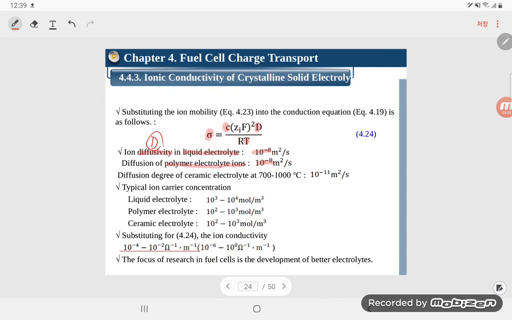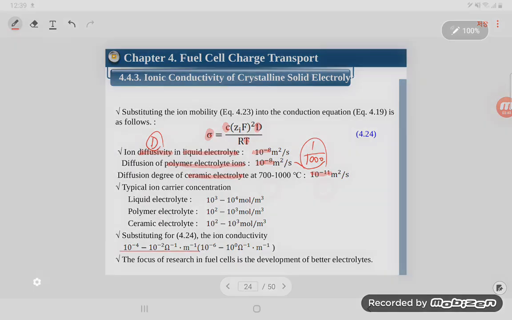How this happens, we will check later in the next slides. The diffusivity of the ceramic electrolyte at about 10,000 degrees Celsius is 10 to the minus 11. So the difference between the polymer electrolyte and the solid ceramic electrolyte is about 1,000.